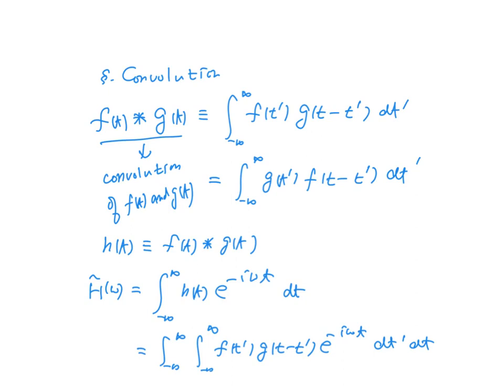I guess we need more space. So can I go on? So we have f(t') g(t - t') e^{-iωt} dt dt'.